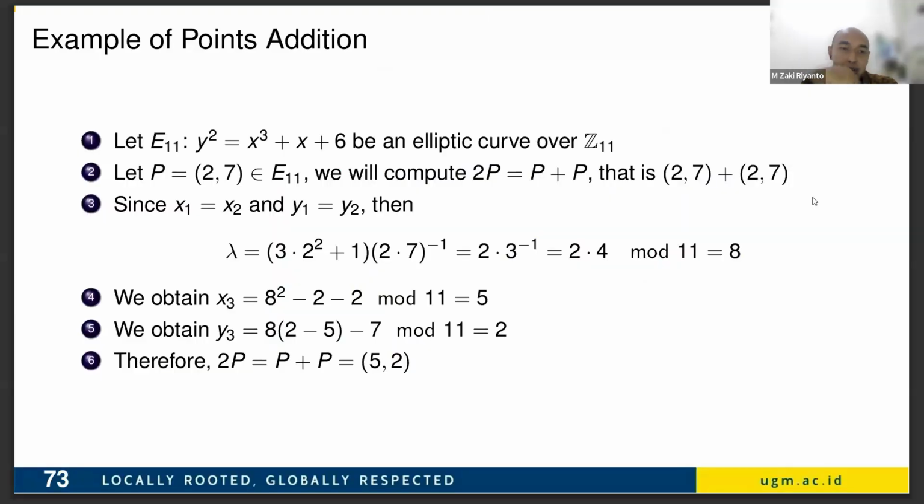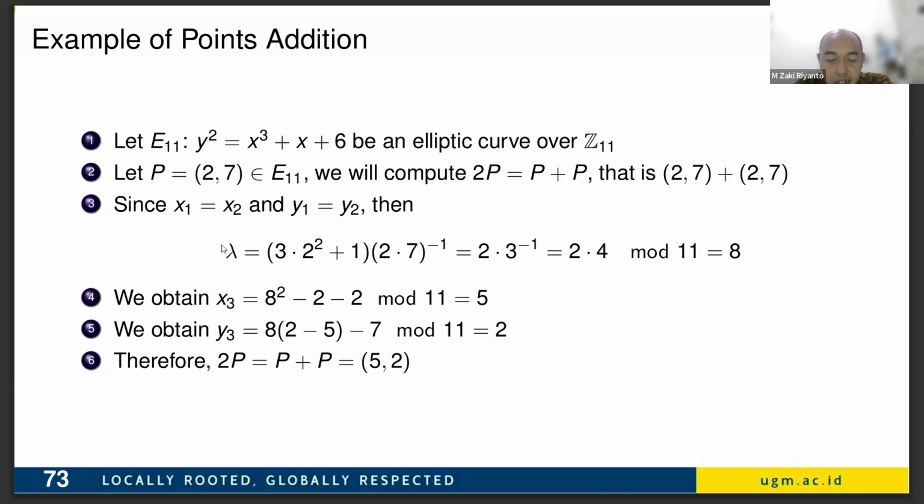And here is an example of addition on an elliptic curve. We use the same elliptic curve from the previous example. Let P be the point (2, 7), and we will compute the value of 2P, that is P plus P. Since x1 is equal to x2 and y1 is equal to y2, the value of lambda is computed like that.